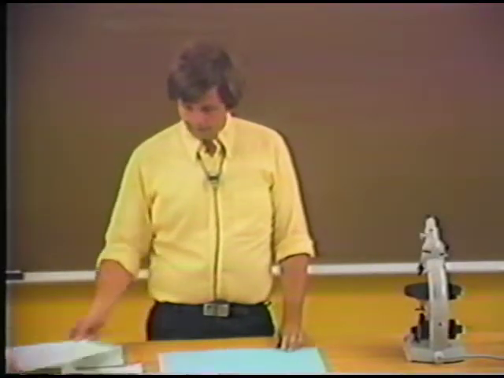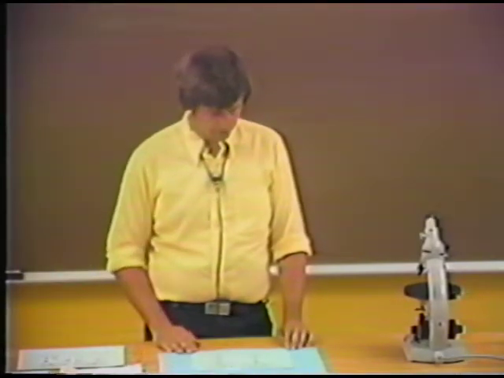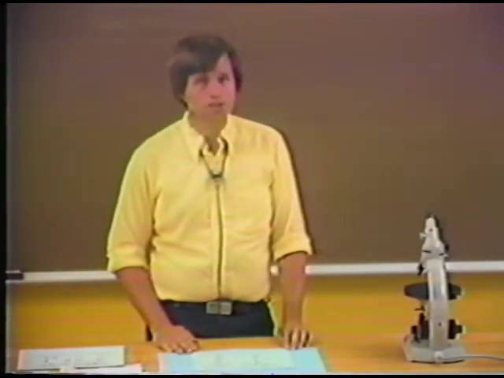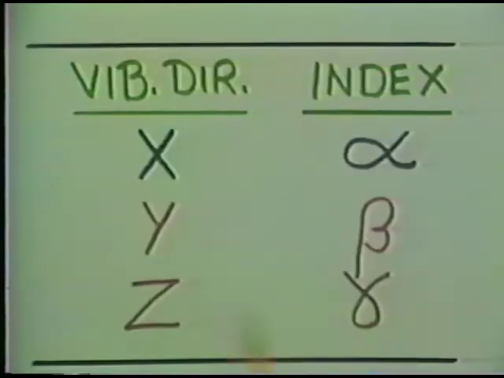Now, there is also a convention about nomenclature with regard to the vibration directions within biaxial minerals. We talk about three individual vibration directions, X, Y, and Z, and these vibration directions are directly associated with the alpha, beta, and gamma refractive indices.